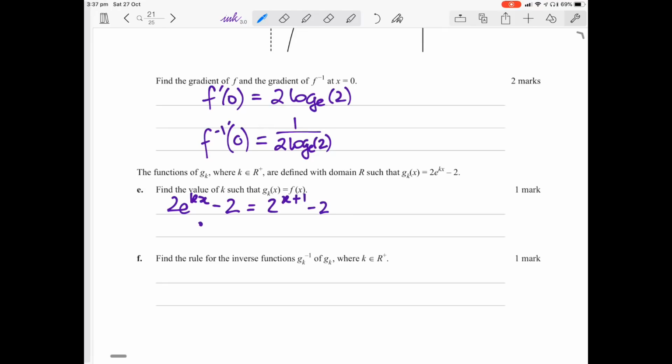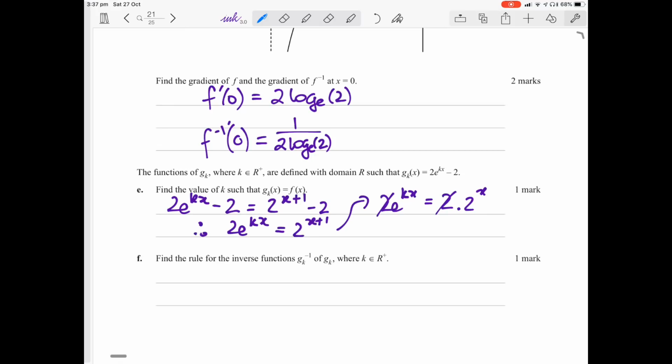So therefore, 2e to the kx has to equal 2 to the x plus 1, which means 2e to the kx equals 2 times 2 to the x, so they cancel.